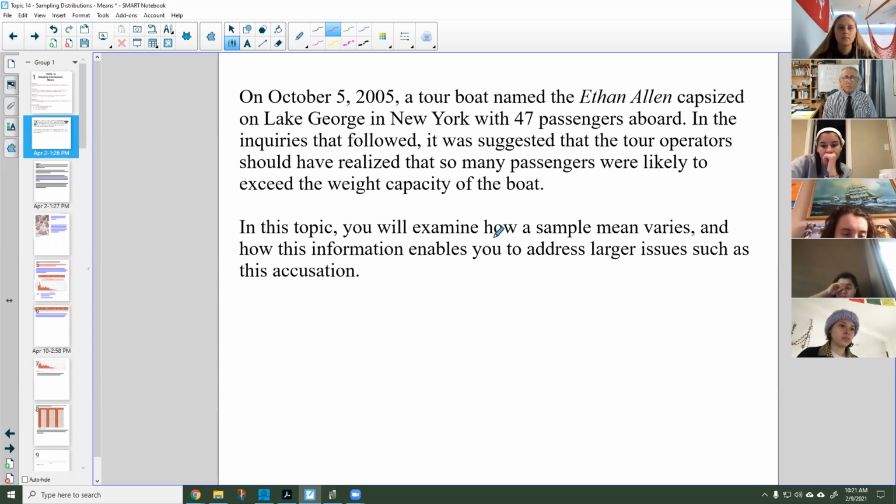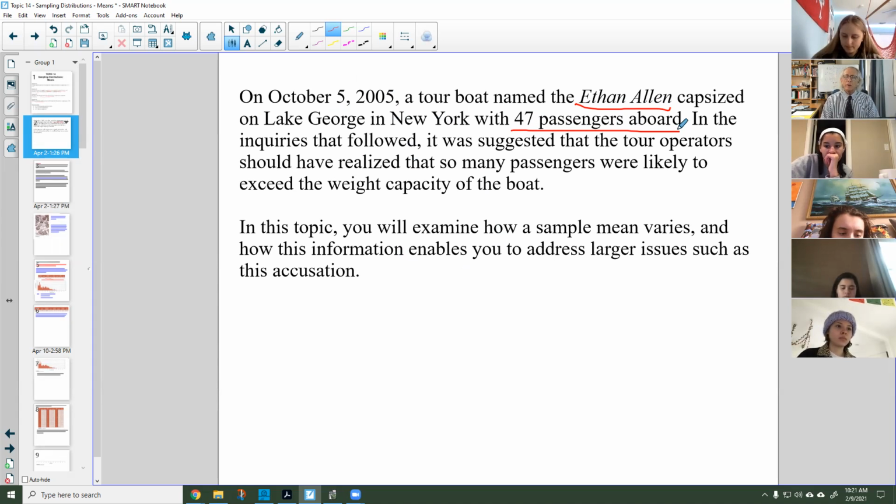So this is a true incident. There was a tour boat called the Ethan Allen, and it had 47 passengers aboard, and it capsized. Capsized means the boat flipped upside down. I don't know whether anybody died in this accident, but it was a very serious accident.